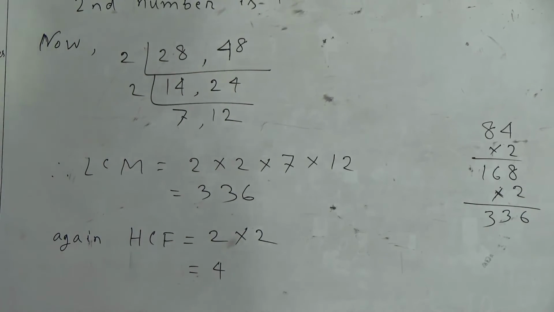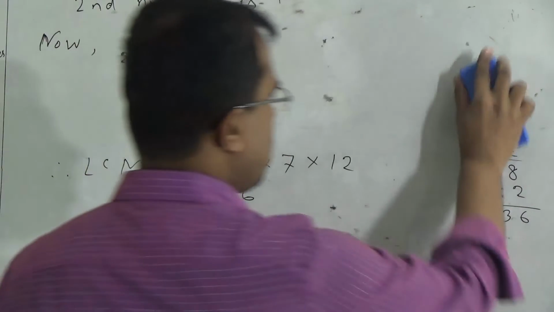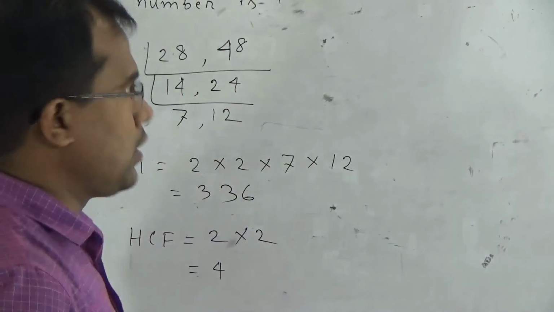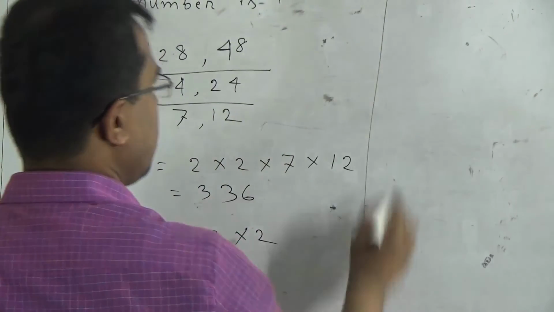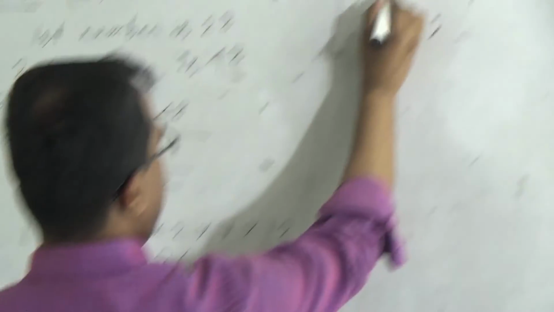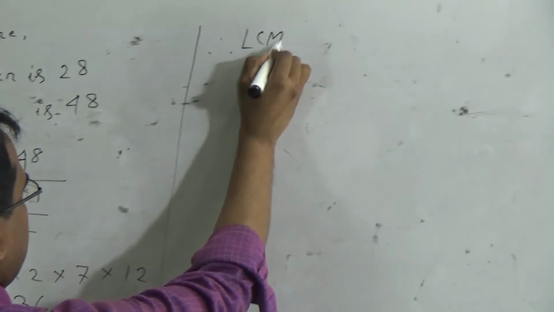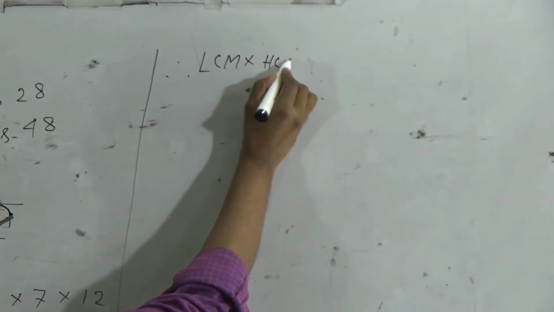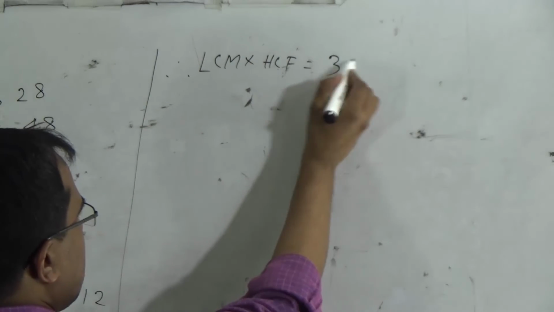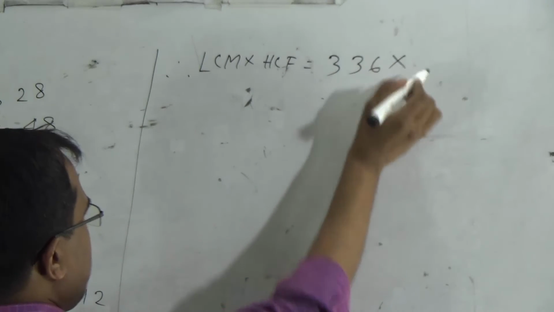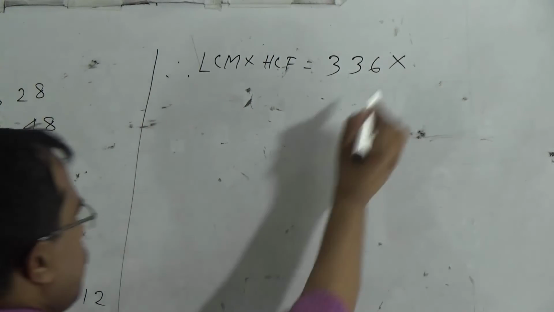Now we can easily find out the product of LCM and HCF. Therefore LCM multiplication HCF is equal to, LCM is 336 multiplication HCF is 4.